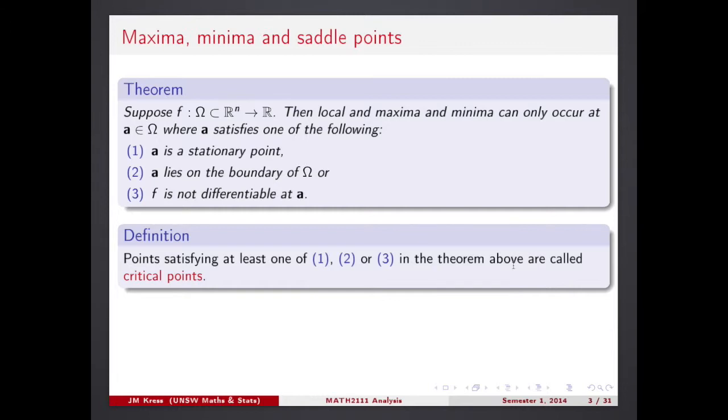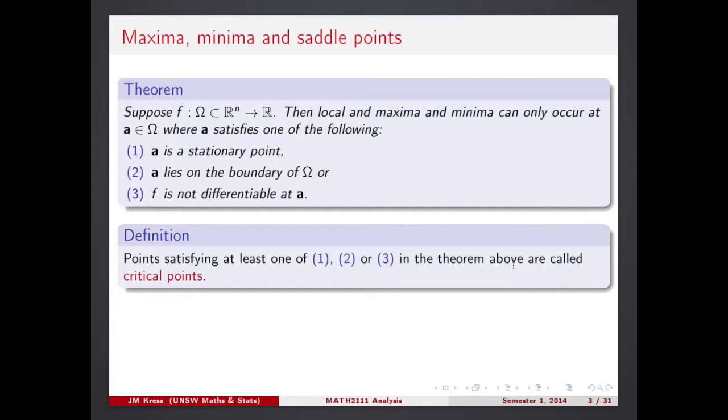It tells you when you can expect local max or local min at some point. So if you have a local max or local min, the point will be one of three, which is listed here. It's either stationary, which means that the gradient is 0, or it is a boundary point, or the function is not differentiable there.